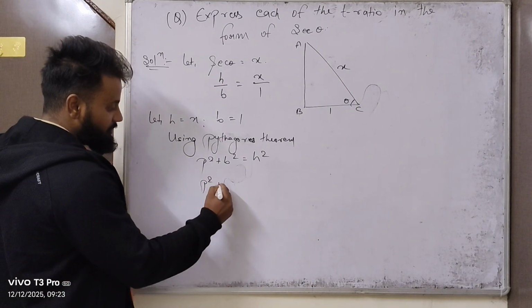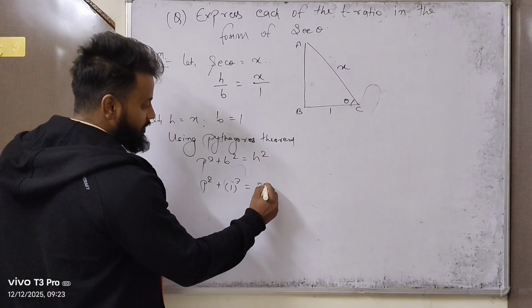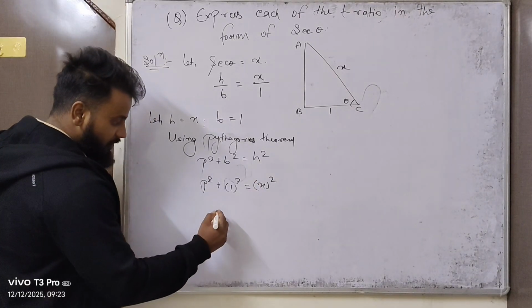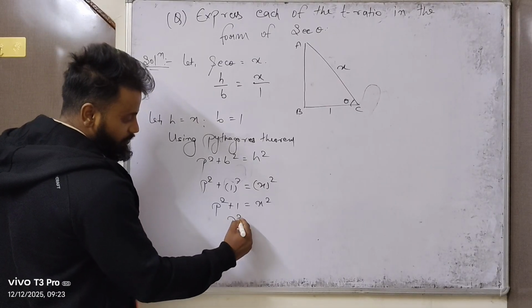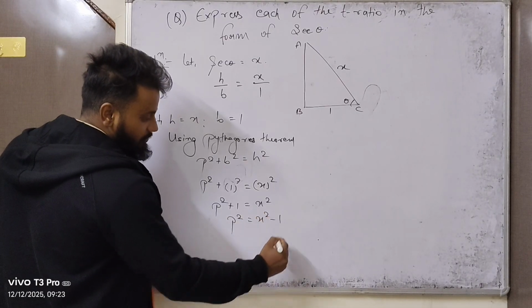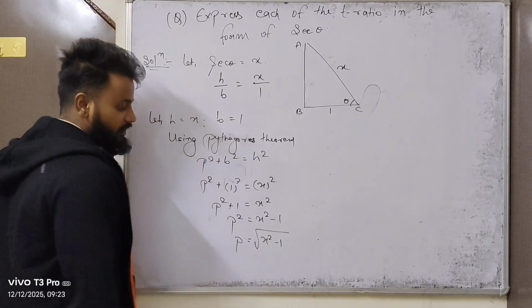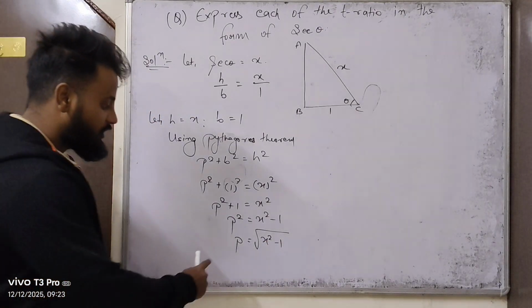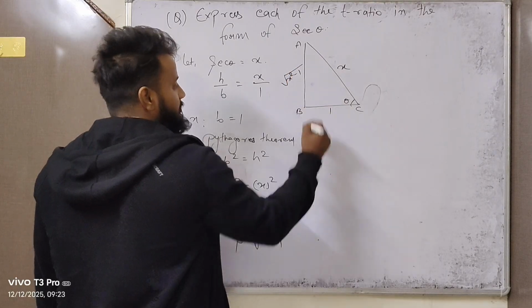We don't know p square. Base is 1 square and hypotenuse is x square. So p square plus 1 is equal to x square, so p square is equal to x square minus 1. So p is equal to root under x square minus 1. That is clear to everyone. So we had got the value of p: root under x square minus 1.